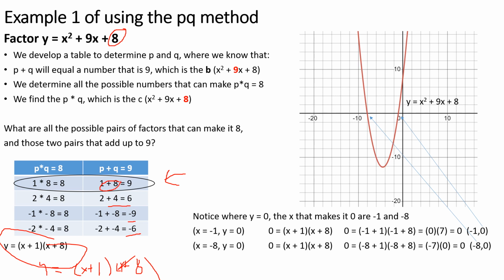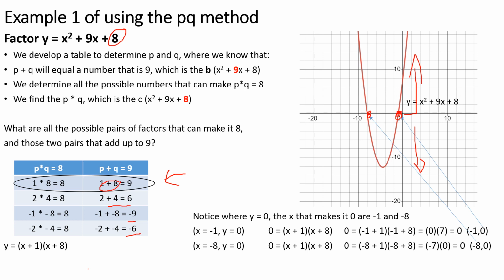I can determine where my equation starts and finishes by looking at where y equals 0. Remember, I look at my graph here, y is equal to 0 here, that's going plus y, that's going minus y.